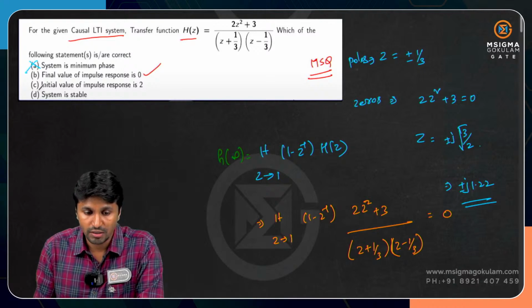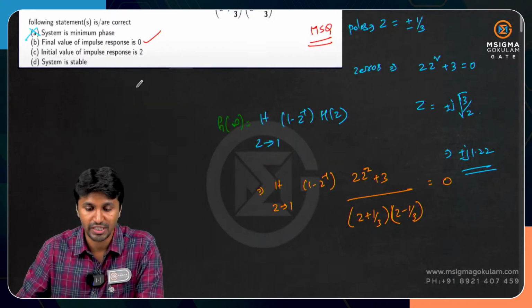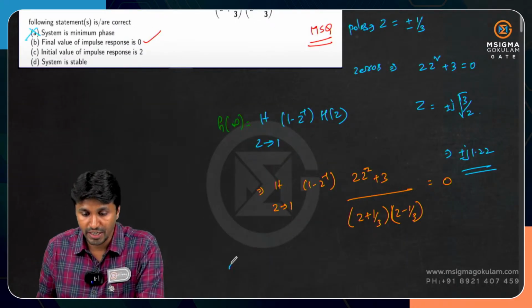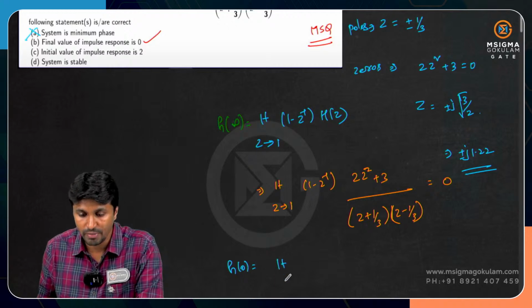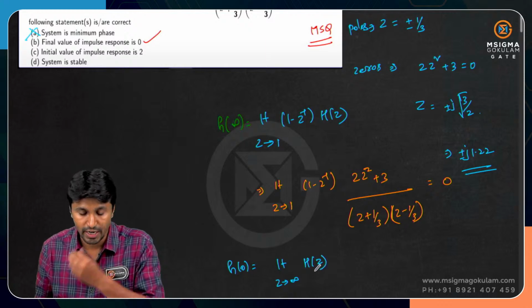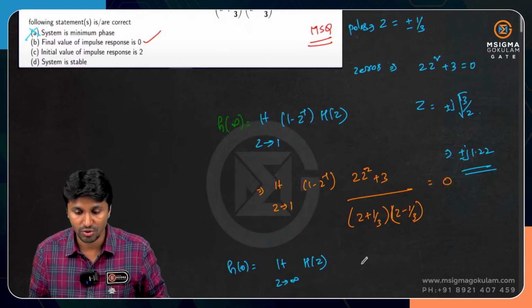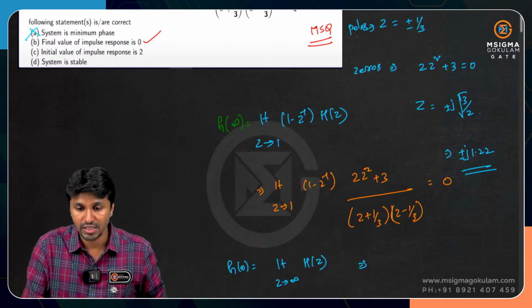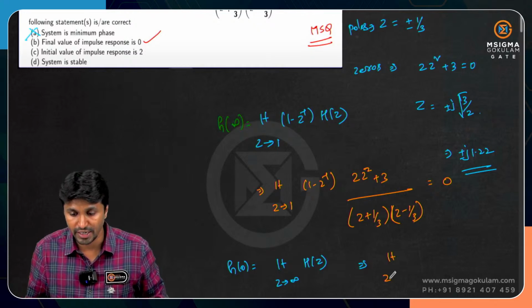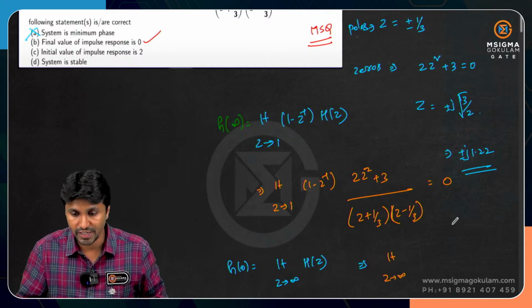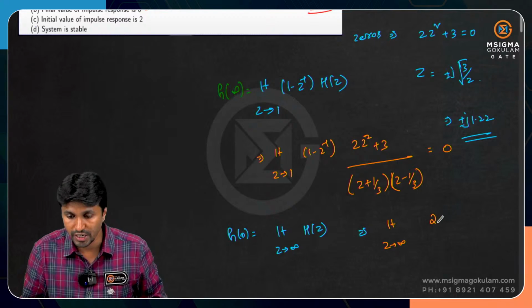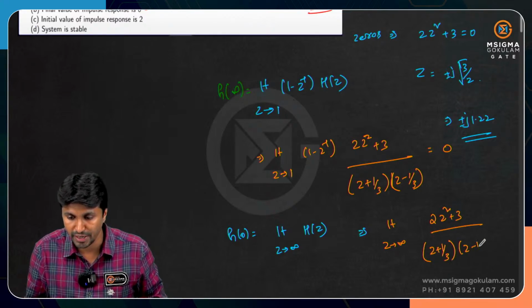Now look at the third option: the initial value of the impulse response is 2. Let us calculate the initial value by applying the initial value theorem. The limit z tends to infinity of H(z), where H(z) is equal to 2z square plus 3 divided by (z plus 1 by 3) into (z minus 1 by 3).